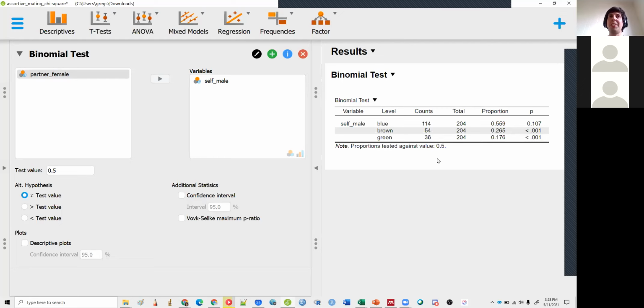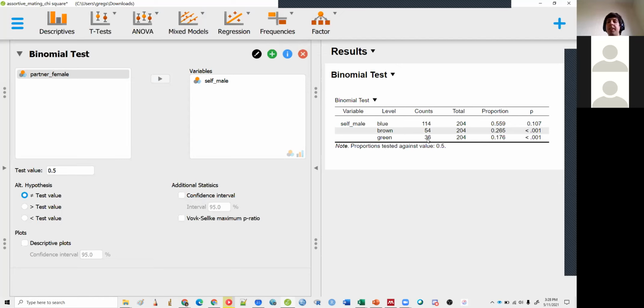JASP is also quite useful because if you don't want to go through the whole list of 204 cases, or sometimes data sets have even more than that, it can just tell you in this table how many eye colors there were in the study. You know that there were 3 values, blue, brown, and green.